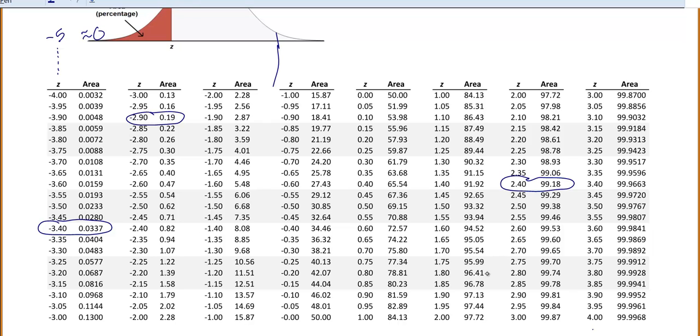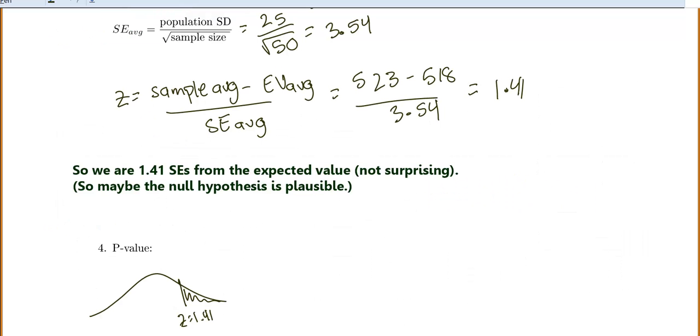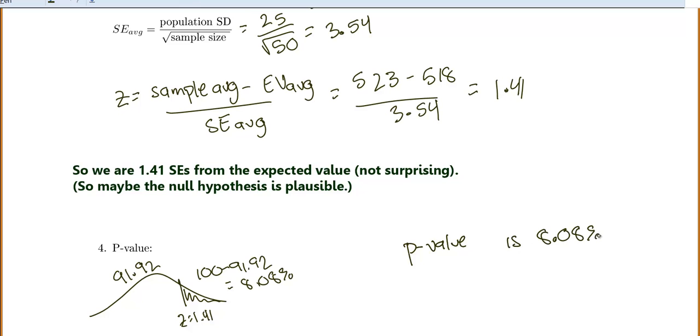We're looking for Z equals 1.41. The closest is this 1.4 for an area of 91.92. But that's the area to the left. So we'll do 100 minus 91.92, which gives me 8.08%. So my p-value is 8.08%.